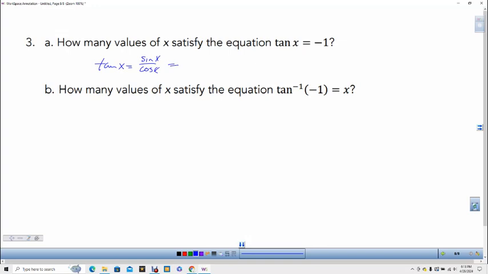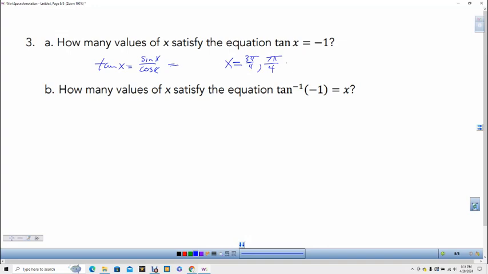And for that to be -1, we would have to have a negative on top or bottom, but not both. So where does all that occur? Well, that's going to give us an x value of 3 pi over 4. Not 5 pi over 4, but 7 pi over 4.